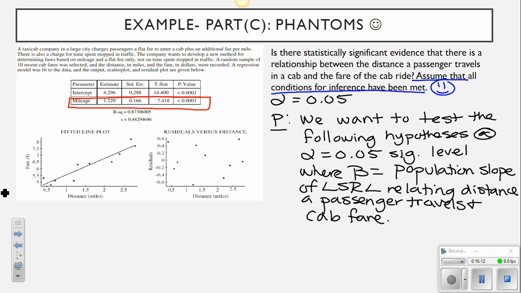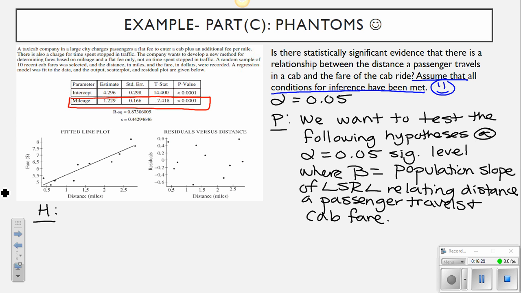So we want to test the hypothesis. Well, we haven't written it, but we will. Trust me, this is not going to be very long.